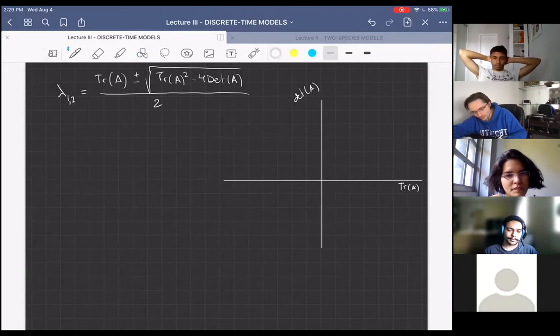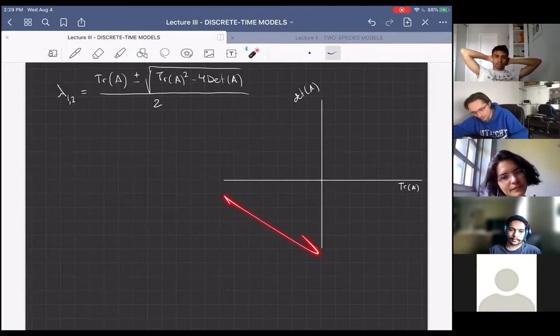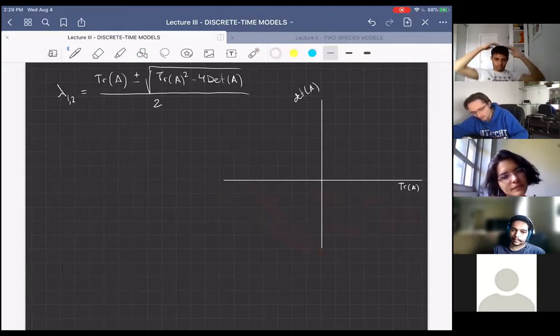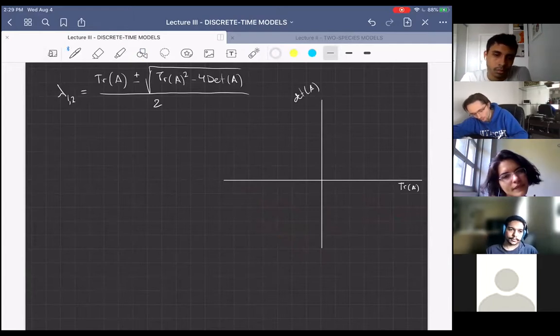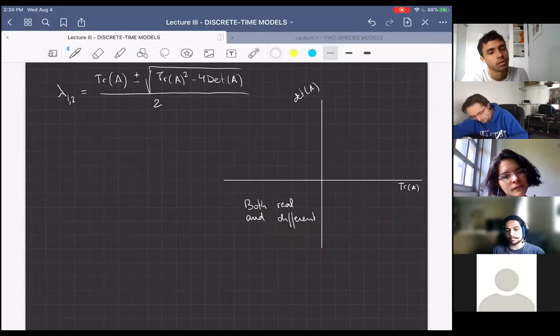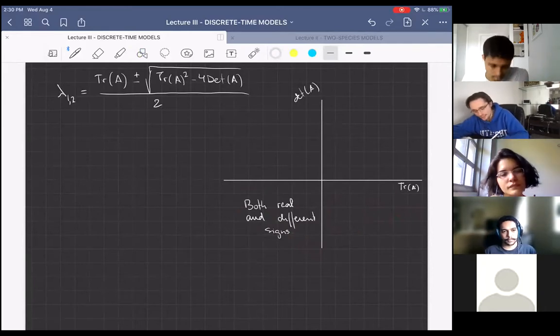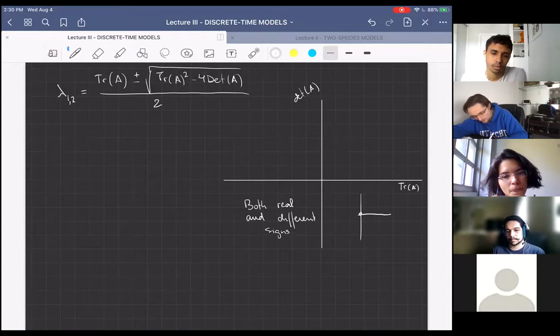So we said if the determinant of A is negative, I would be in this part here. Then my eigenvalues are going to be both real and with different signs. So one is going to be positive and the other one is going to be negative. In this case, guys, what you are going to have is one of these, it's called saddle nodes.